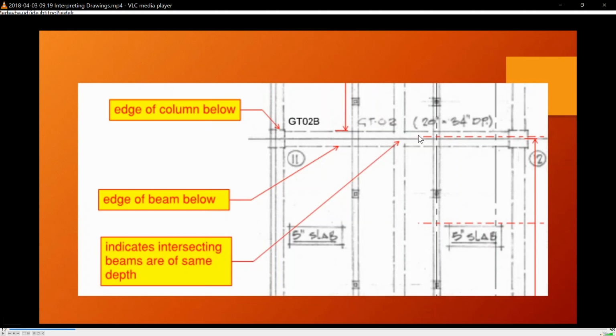I think this slide came up as a result of an NCR at that time, where the designer didn't realize that the beams were the same depth. And the way it's drawn on plan, the joist or beam can also be assumed to be 34 inches deep.